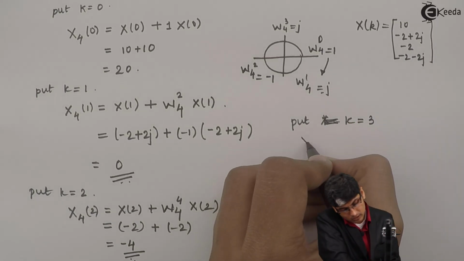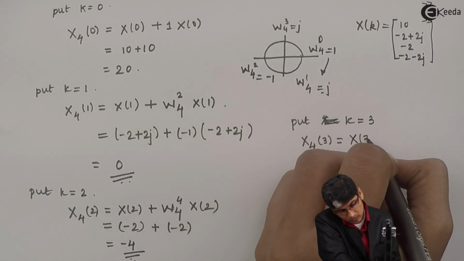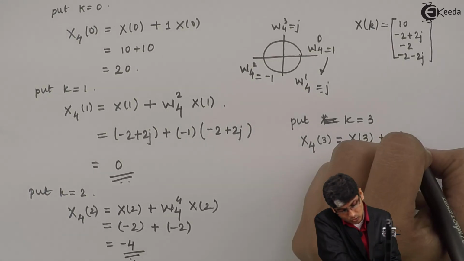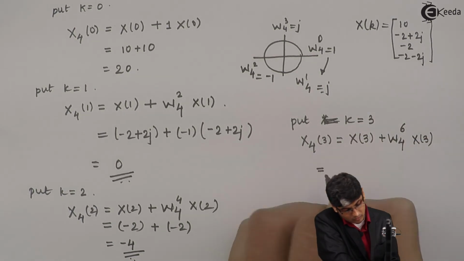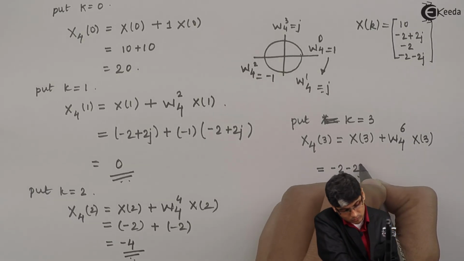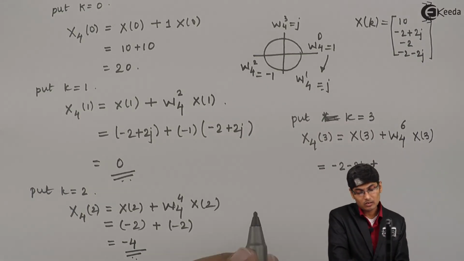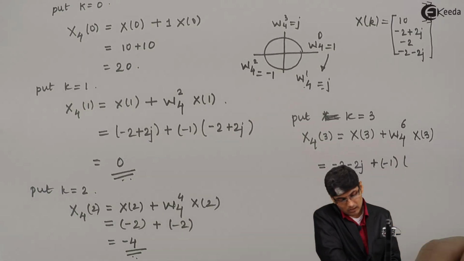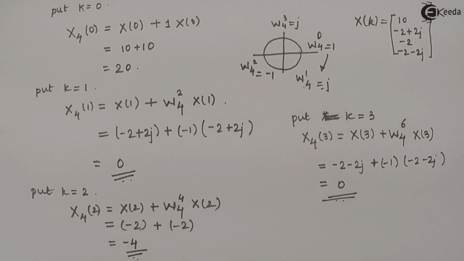So, when I put k is equal to 3, it goes x4 of 3, which is equal to x of 3 plus w 4 raised to, now 2 3s are 6, x of 3. So, that will be equal to x of 3, which is minus 2 minus 2j, plus, now w 4 raised to 6, which will be minus 1, and then again minus 2 minus 2j, this is also going to be 0.